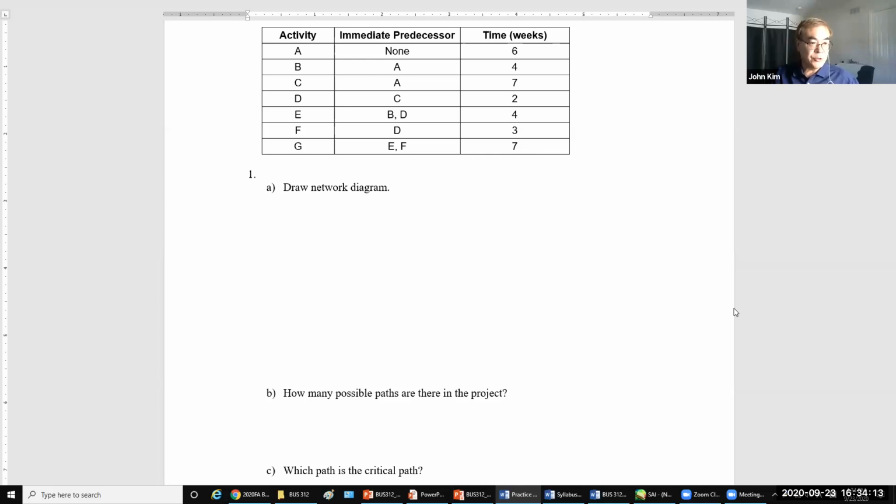But anyway, I'll try to let you do this. So prepare, download this practice problem, look at it, and then let's do it together.